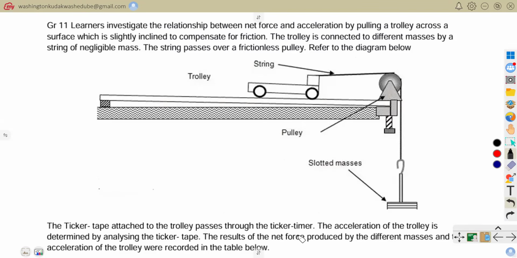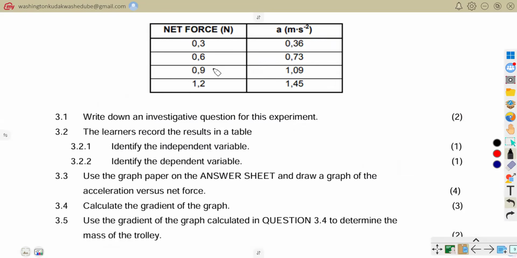So the acceleration of the trolley is determined by analyzing the ticker tape. The results of the net force produced by the different masses will also be recorded. After the experiment was done, there were some results that these grade 11 learners found. So those results are here.